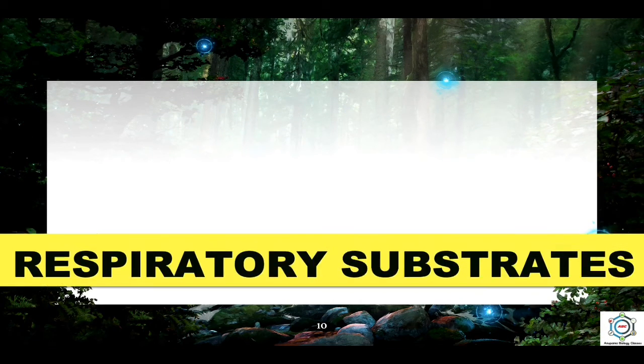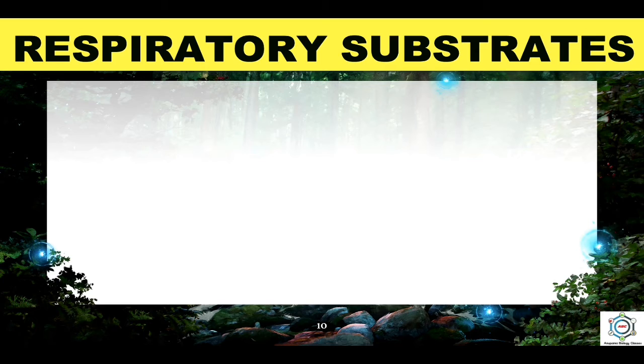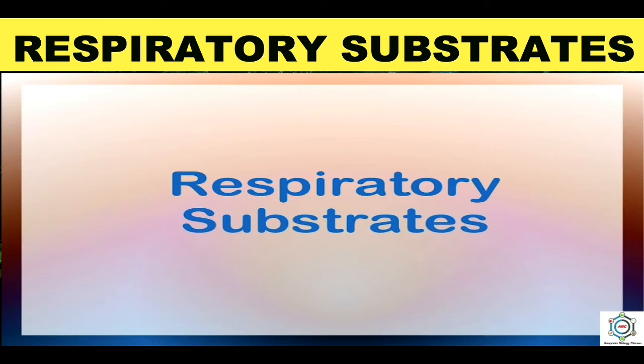Now, after this, see here the respiratory substrates. So, what are the respiratory substrates? Like animals, the plants also require energy for growth, development, metabolism, and other life activities. This energy mainly comes from respiratory breakdown of various substrates.